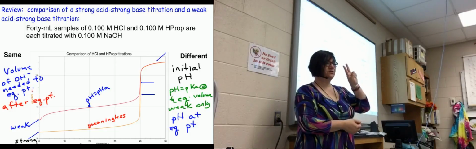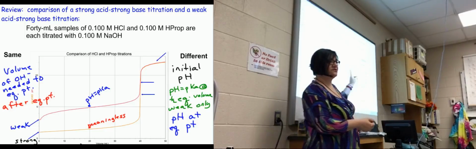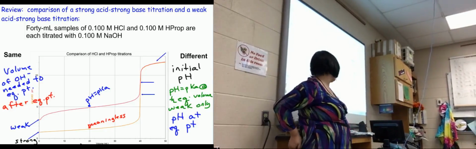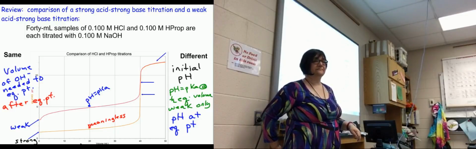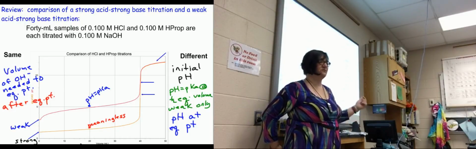So I'm going to do 2 points on this curve. Well, 3. I already did 1. And we figured out the pH was 1 point something because the hydronium ion concentration is 0.033.